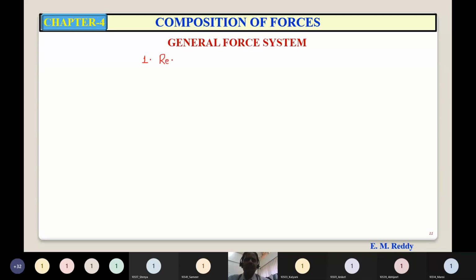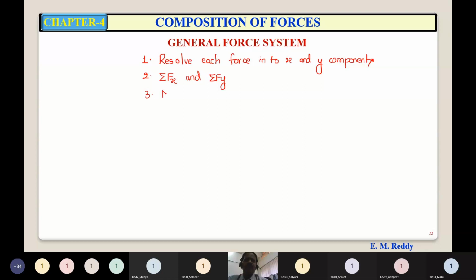Resolve each force into X and Y components. Then you take the algebraic sum of all X components of the forces and the algebraic sum of all Y components.